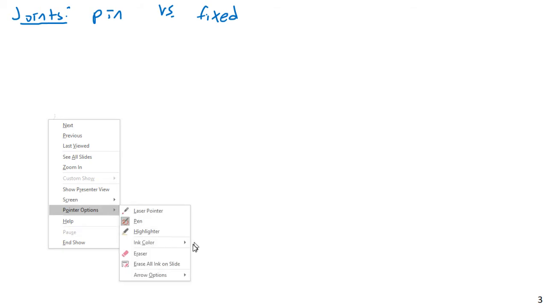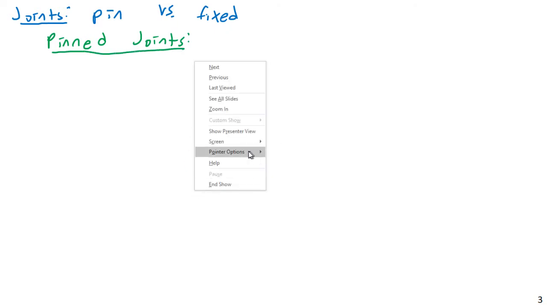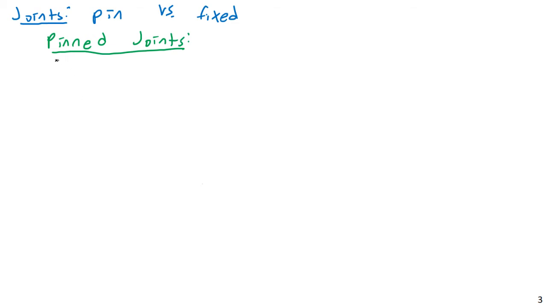let's look here. Pin joints. They're going to carry only axial force and or shear at the joint.